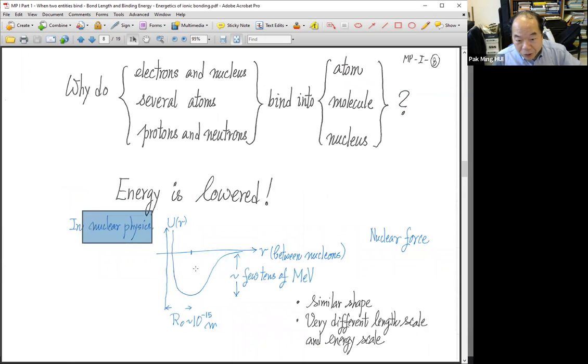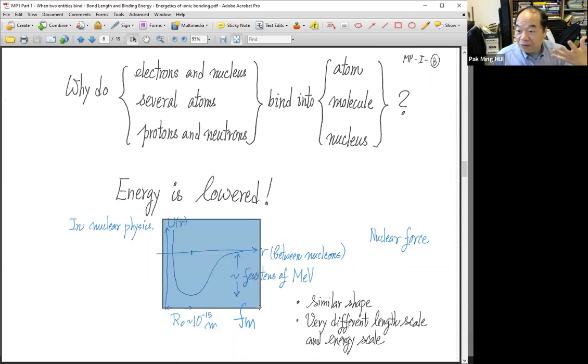Now, when two nucleons come together inside a nucleus, they need to go close to each other as much as 10 to the minus 15 meter in order to bind. So this will be Fermi. This is called 1 Fermi or femtometer. Okay, and then the binding energy is usually 10 MeV, 20 MeV, that kind of ballpark. Nonetheless, the shape is typical.